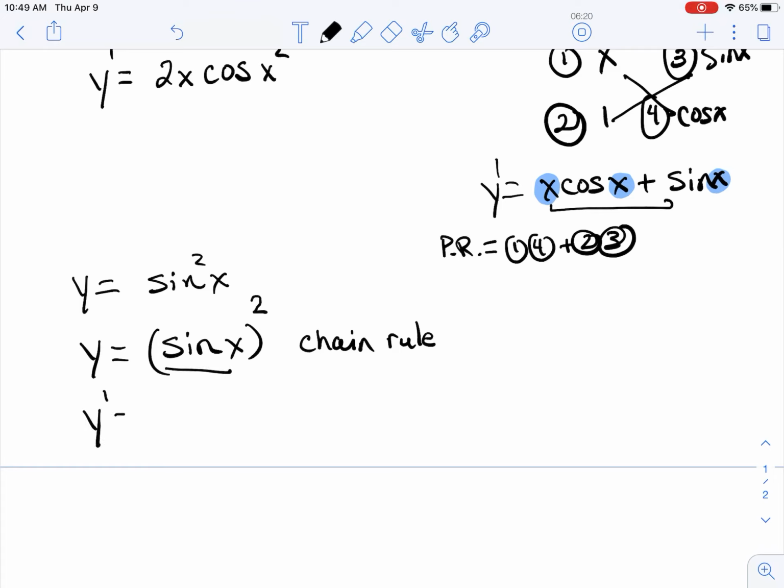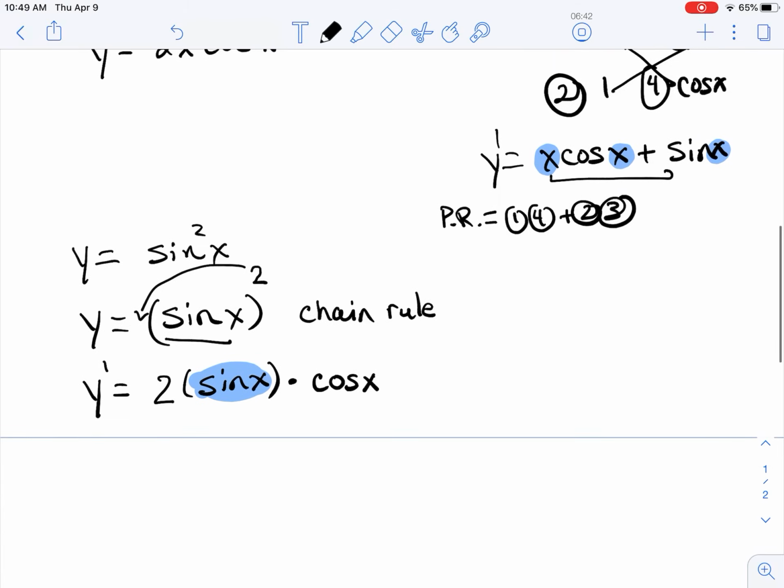So chain rule, because you've got this function raised to a power, we know chain rule says that 2 multiplies out front, and the power becomes 1. Now remember that part of the chain rule, you're going to multiply by the derivative of that function that was raised to the power. So in this case, it's sine x. And again, we saw what the derivative of sine x was. It's cos x. So now, this one here, we are finished. So I'm just going to rewrite it like this, 2 times sine x cos x.